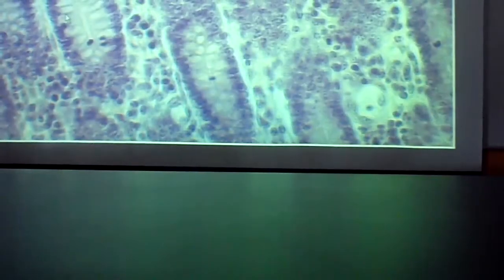Within the mucosa, but even more goblet cells in the large intestine than in the ileum of the small intestine. So, mucosa.